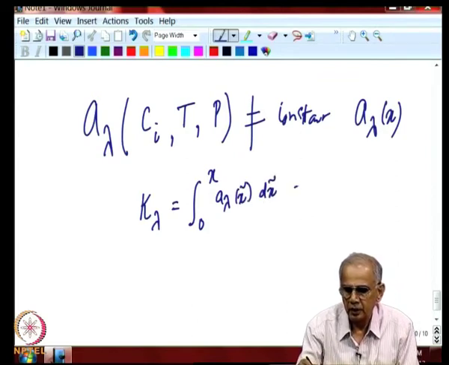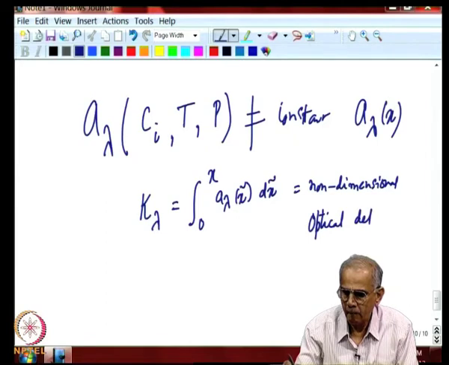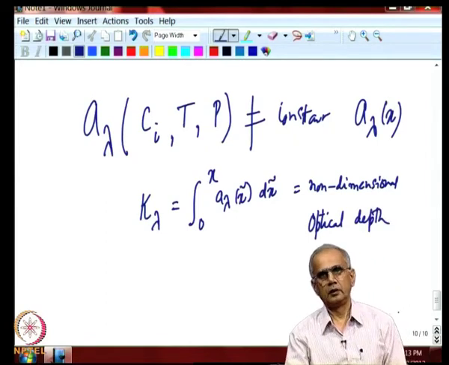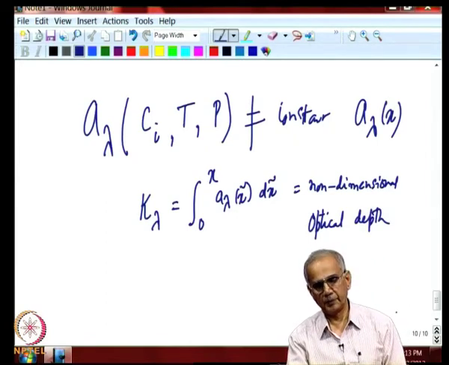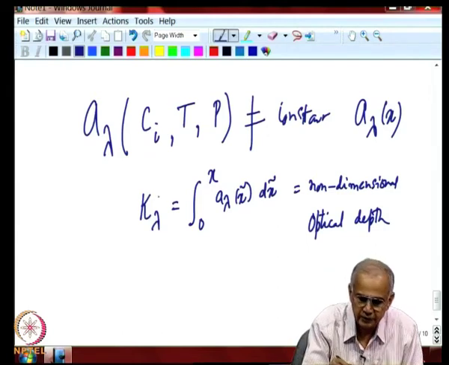Now, this is a non-dimensional quantity and is normally called the optical depth. It is a very convenient parameter, or actually in this case variable, because this will be a function of x, note.